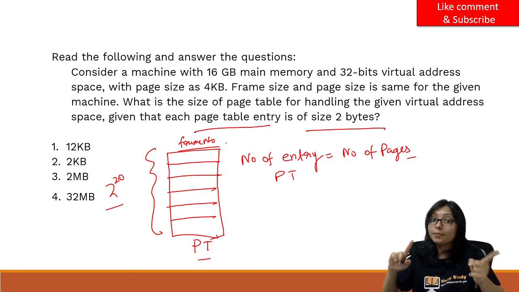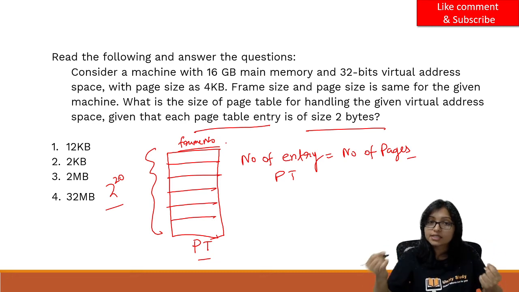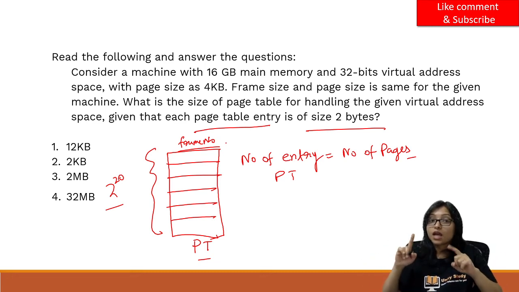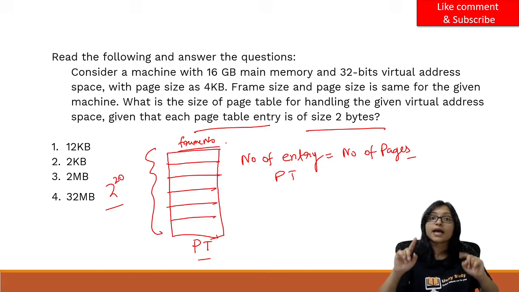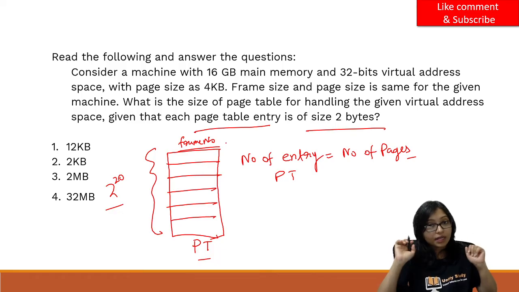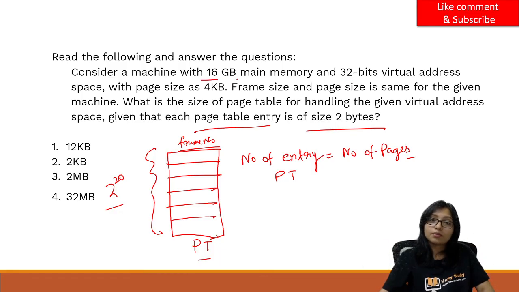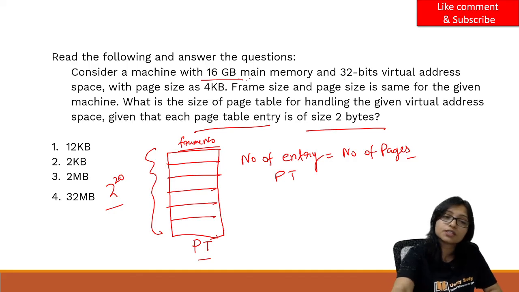So how many bits are required to represent the frame number? That is the thing. How many bits will be required? Here we already got from the main memory, that was the size, meaning the physical address space.